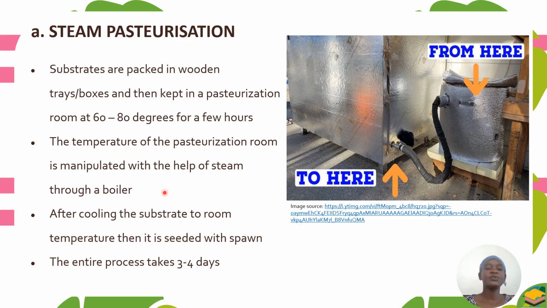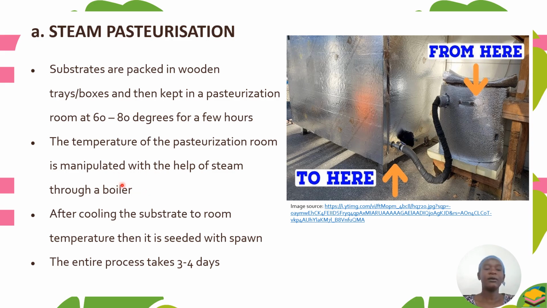That's what we were explaining when we were discussing phase 2. We said that the steam is introduced into the house. The substrates are packed in the wooden trays or boxes and they are left in a house. Then you introduce the steam. The steam will be coming from a boiler.